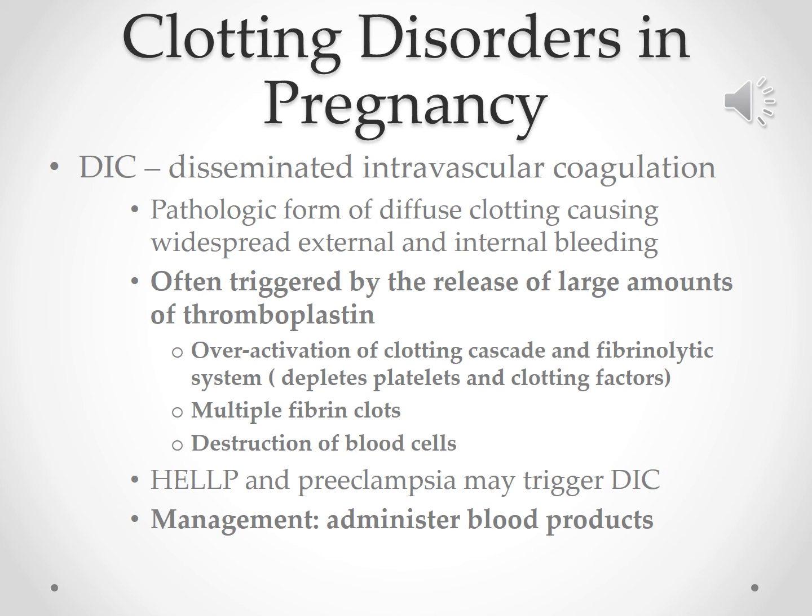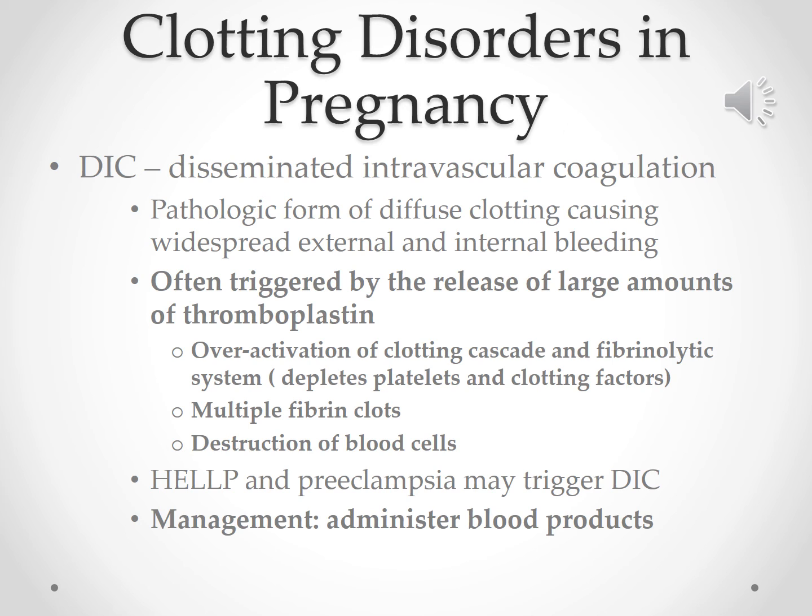Alright, so talking about DIC, disseminated intravascular coagulation. Pretty much this is a bad thing because the woman's using up all of her clotting factors, clotting cascades, and then she's overactivating the fibrinolytic system to break down the clotting factors, so she starts bleeding again, so then she uses more of her clotting cascade, so it's just a never-ending cycle.